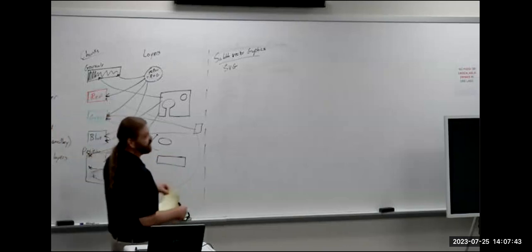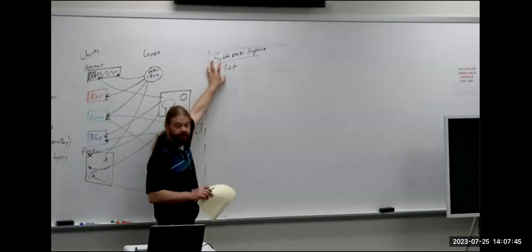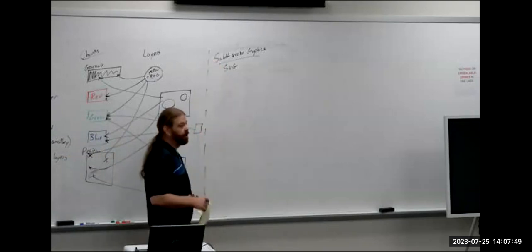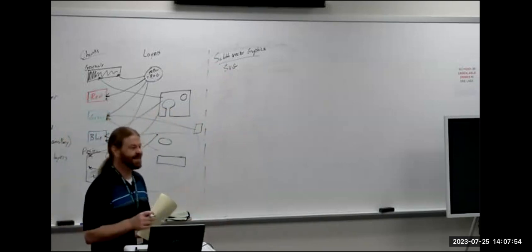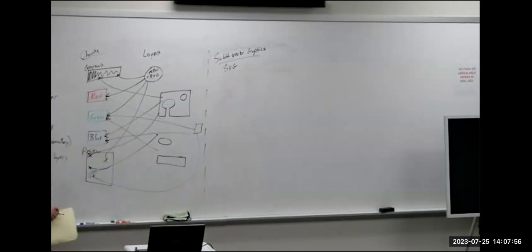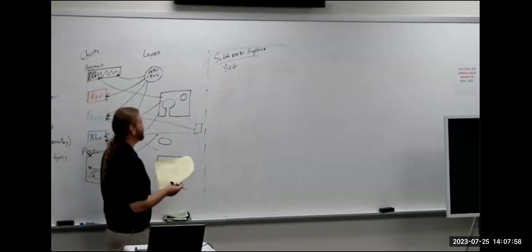For two-dimensional, we usually go with SVG, which is a markup language. We saw HTML earlier this semester. Fairly easy for humans to work with, especially if we're not writing the tags, the computer's writing all those tags. They're just there and we're reading them, then it's pretty easy.